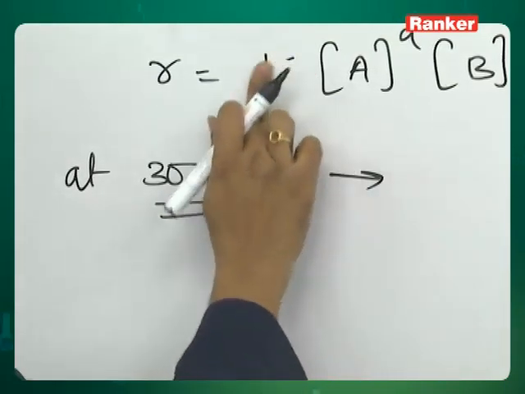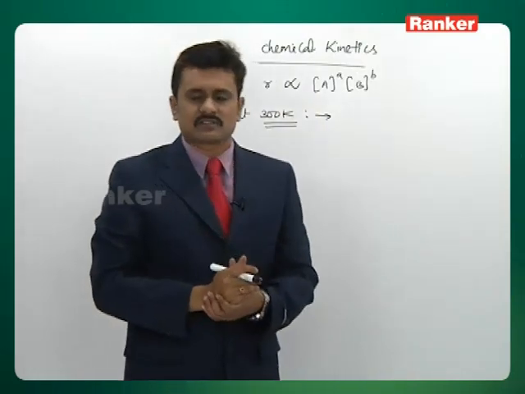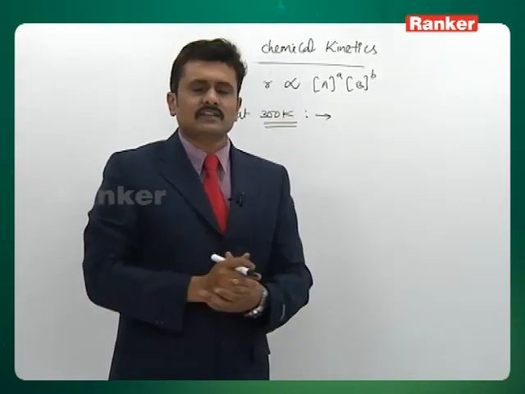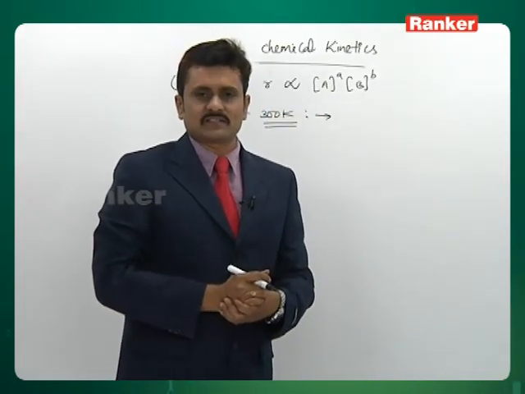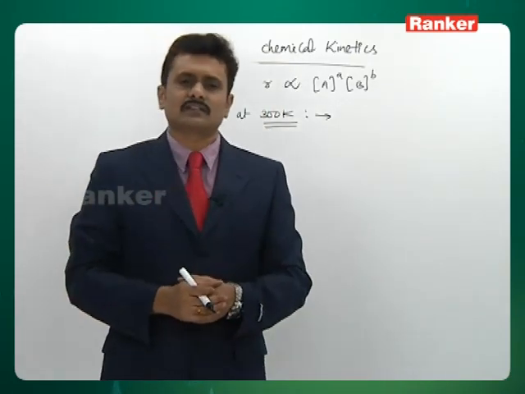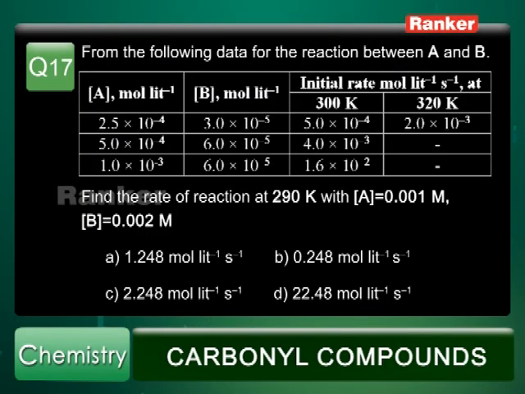I can write this as directly proportional if I don't want to involve the rate constant in the given equation. So initially I will be finding out the orders of the reaction. In the first data, what we did is we multiplied the concentration of A two-fold. You can see the concentration of A is increased from 2.5 into 10 to the power minus 4 mole per liter to 5 into 10 to the power minus 4 mole per liter.